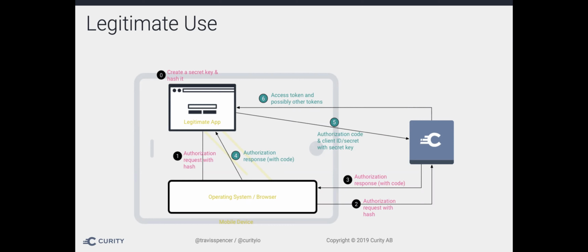Now in step 5, the authorization code that was issued, the client ID and the secret are sent to the token endpoint, plus that ephemeral secret key. Curity will hash the key sent in step 5 and see that it matches the hashed version that was sent in step 2. If it does, then it will issue the access tokens, like the ID token and the refresh token and whatnot. So this is a way of ensuring that the authorization code isn't stolen.